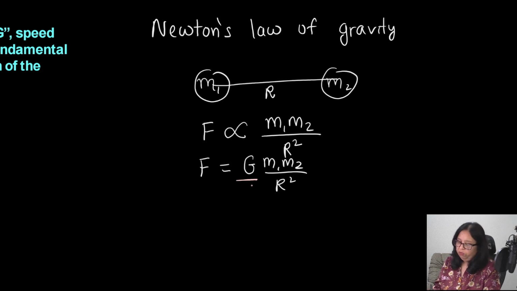So let me solve for this G here. To solve for G, you want to isolate G. Multiply both sides by r squared. What does that do? Gets rid of r squared on the right hand side. But here, G still has this m1 and m2 multiplied with it, so go ahead and divide both sides by m1 m2.